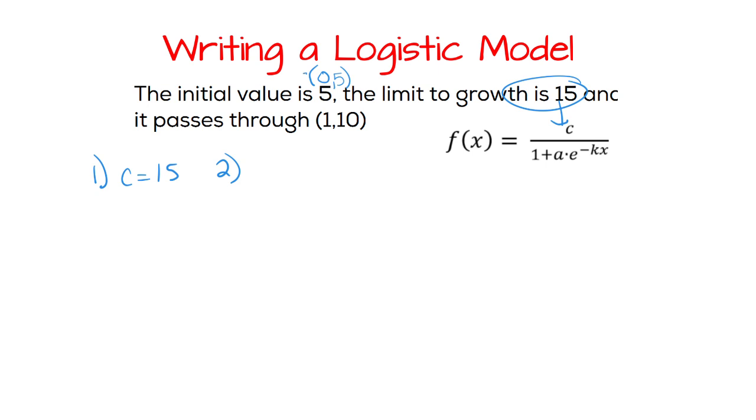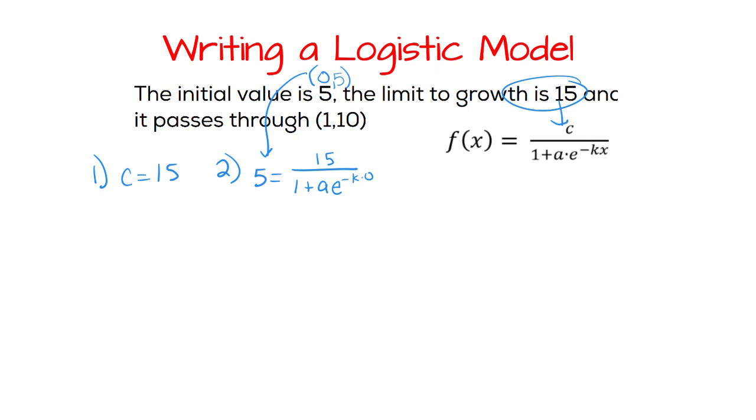So that's what I'm going to do for step 2. I'm going to put in (0, 5). So 5 is equal to, I know that my limit to growth is 15, over 1 plus, I don't know what A is, times e to the negative k times 0.